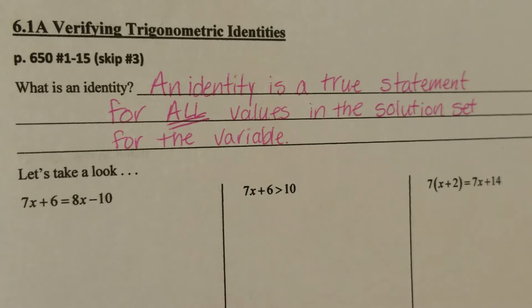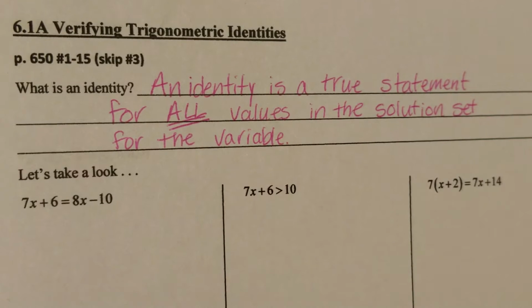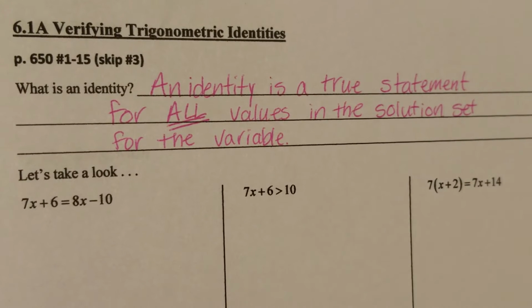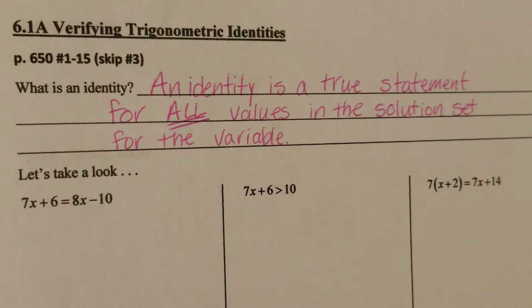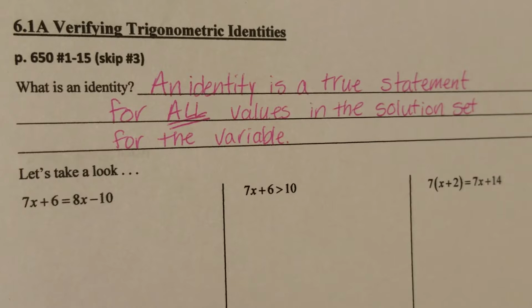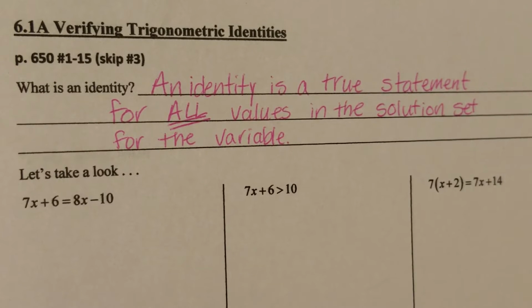Basically, if you're given an equation, that equation is an identity if it is always true, no matter what value the variable is assigned.